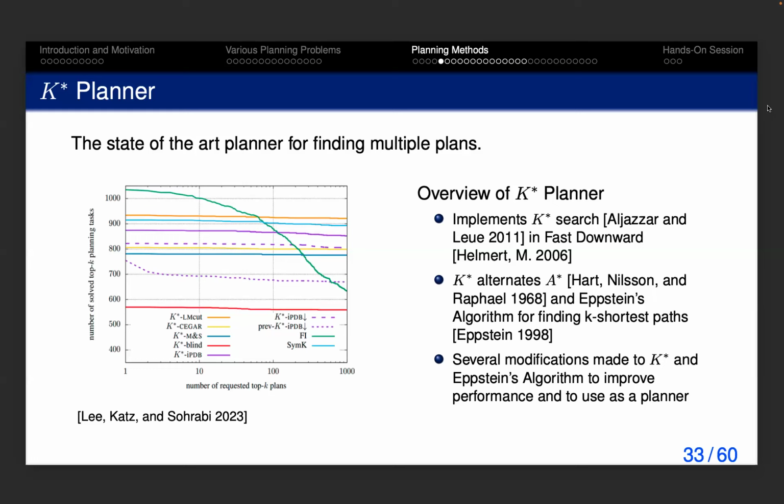I'm going to assume that we know the A-star algorithm and less about Eppstein's algorithm, so I'm mostly talking about Eppstein's algorithm today. While implementing K-Star Planner, we made several modifications to the original K-Star search algorithm, as well as Eppstein's algorithm, to improve performance and to use it as a PDDL planner.